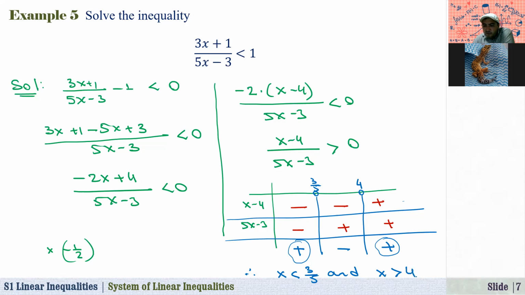Also, in set form, you can write from minus infinity to 3 over 5, union, which means or, from 4 to positive infinity. From these intervals, if you take any number, it will satisfy this inequality.